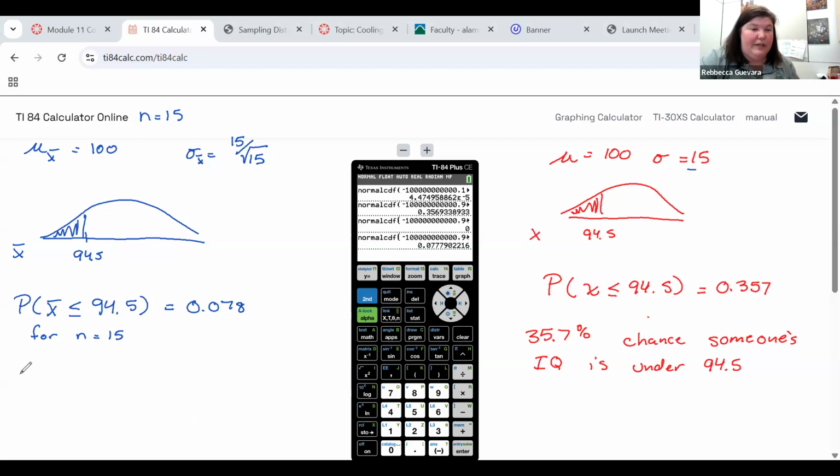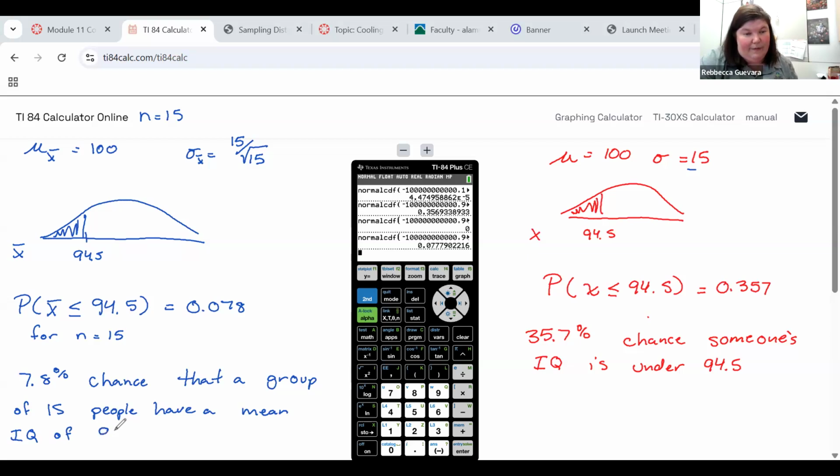So there is a 7.8% chance that a group, so when this is talking about an individual, this is probably the group of 15 people, have a mean IQ of 94.5 or less.